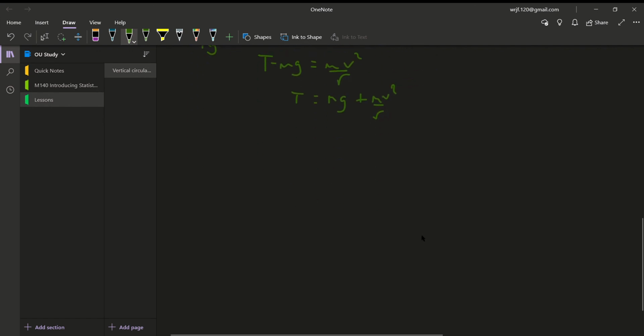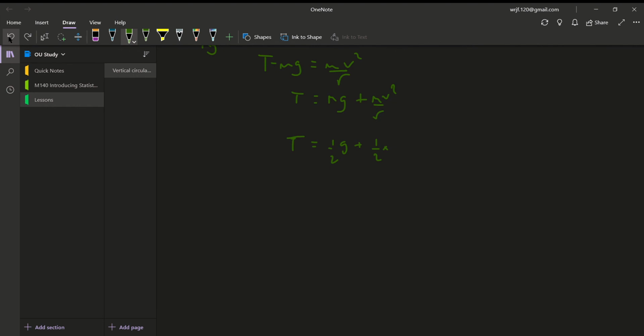We had a mass of, what was the mass? 0.5, wasn't it? So we can have T as a half g plus mass of a half, radius of 0.2, so that's a fifth, but we're dividing by that, so it's going to be on the top.